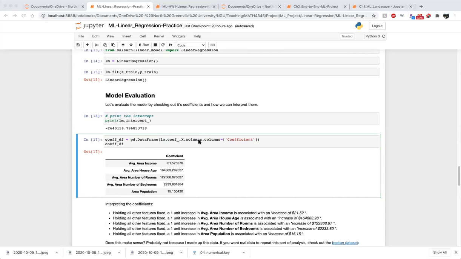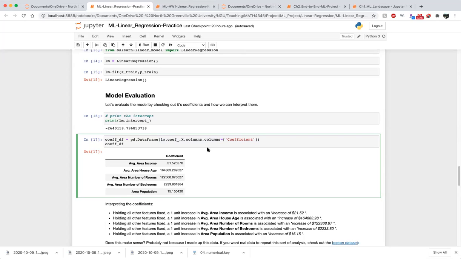We have a column label for that parameter, so we use X.columns as the index, with lm.coef_ as the attribute, and then columns equals 'Coefficient', which sets Coefficient as the column label.